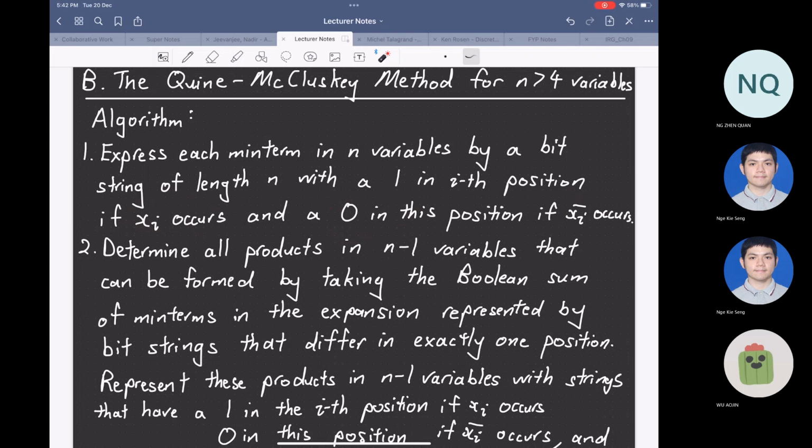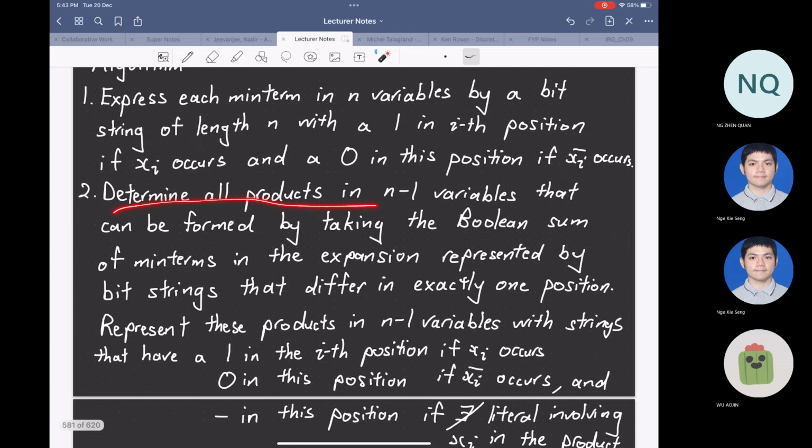Instead of looking at different alphabets. And then what you do is determine all the products that you can form, all the n-1 variable products, by taking the Boolean sum of the minterms.